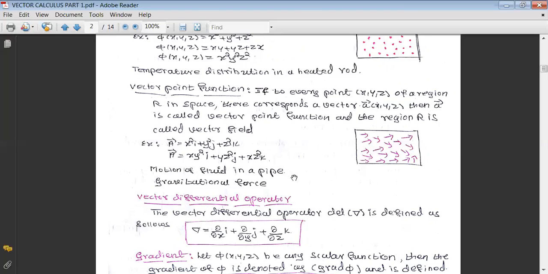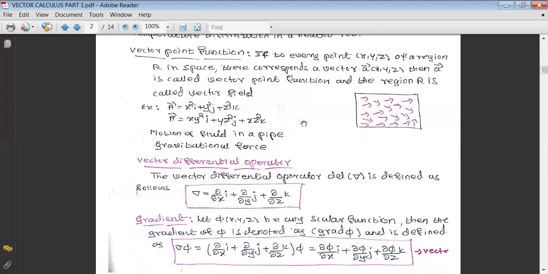That's why it represents a vector quantity. Similarly, another example is gravitational force. At each point in space, if you take a certain point, definitely that represents a vector quantity. Therefore, gravitational force is also an example of a vector point function.